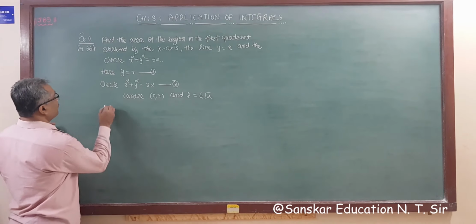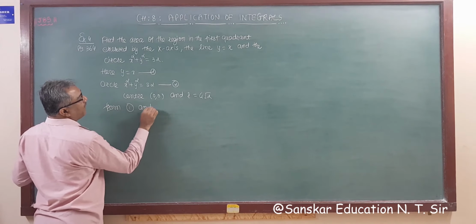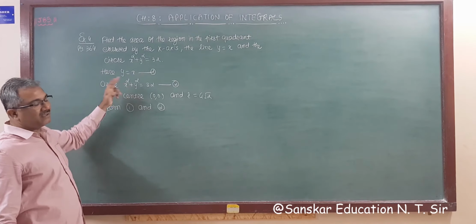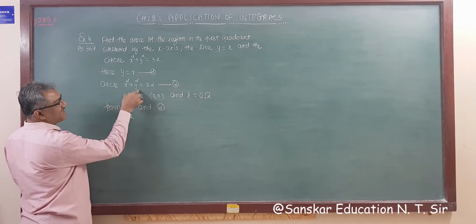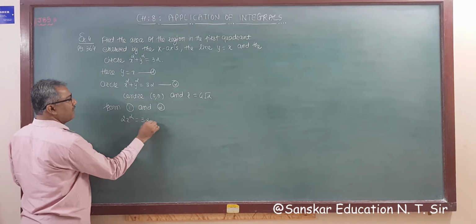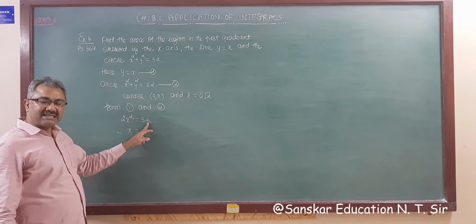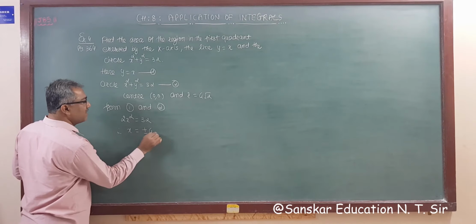So from 1 and 2, what do we get? Solving this, substituting y is equal to x here, we get x square plus x square is 32, that is 2x square is 32. We get x square is equal to 16, means x is equal to plus or minus 4.